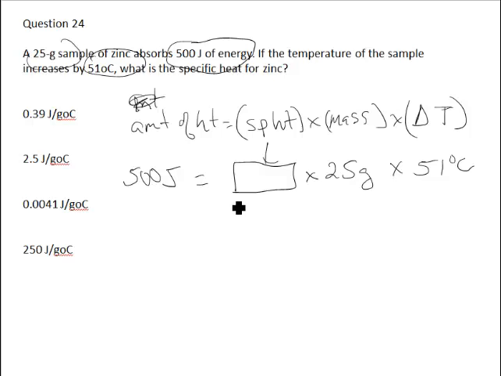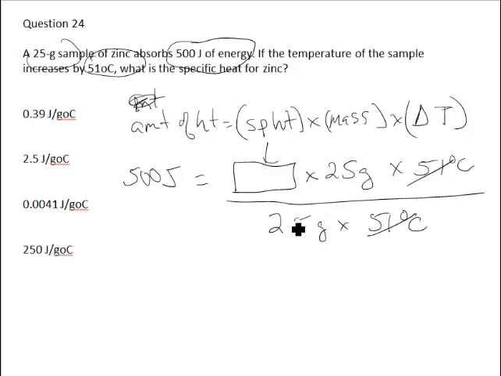So to do that, we have to get that by itself on one side. And so we want to isolate that by multiplying by things we want to cancel. So 51 degrees C and 25 grams. So that cancels, but it's an equality. So anything we do to one side, we have to do to the other side.